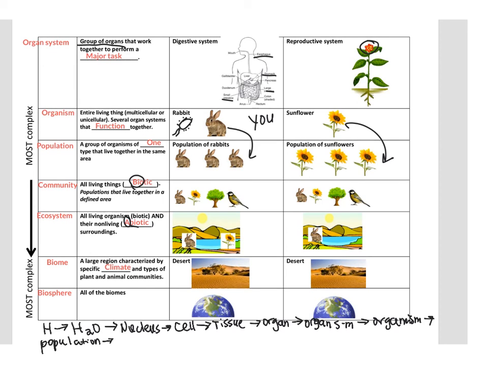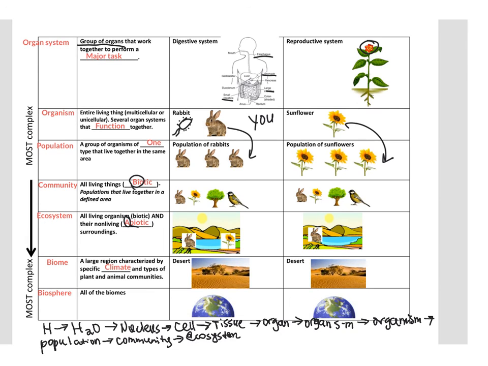Different populations of plants and animals and bacteria and mushrooms and protists live together in a defined area as a community. And the community is surrounded by abiotic factors such as mountains and sun and water, and they form ecosystem. So ecosystem includes living and non-living things.